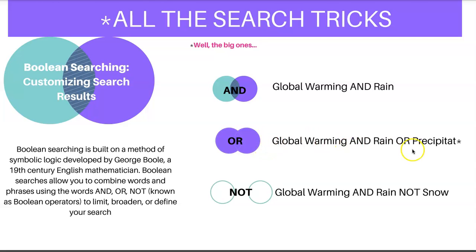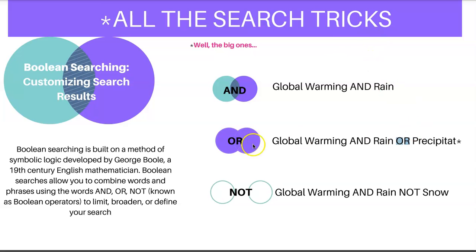Another thing you could do is OR. Now, OR is great for synonyms. You went through this thesaurus and you've seen the different words for the same thing, like storms or monsoons or hurricanes, and maybe you want all of those. So you go storms OR monsoons OR hurricanes with a big OR, and you can use this in the databases, Google, Google Advanced, and Google Scholar.